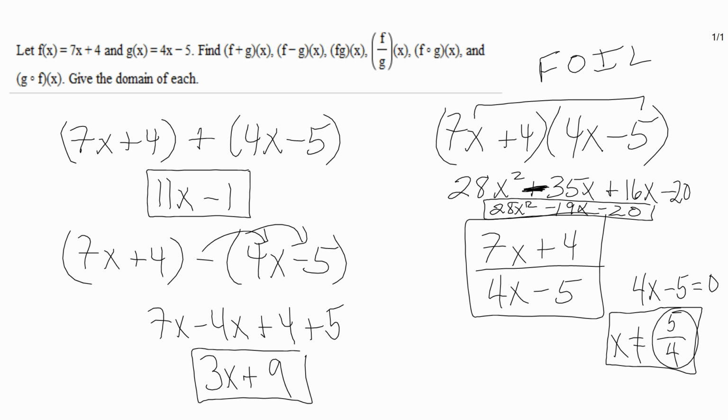So the domain on this function right here is all real numbers except x cannot equal 5/4. You need to make a note of that because that usually gets people. This one usually gets you on a test.